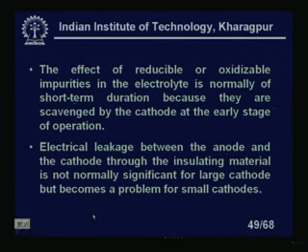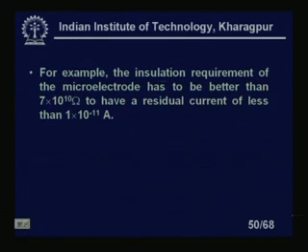Electrical leakage between the anode and the cathode through the insulating material is not normally significant for a large cathode, but becomes a problem for small cathodes. For example, the insulation requirement of the microelectrode has to be better than 10 to the power 7 into 10 to the power 10 ohm.